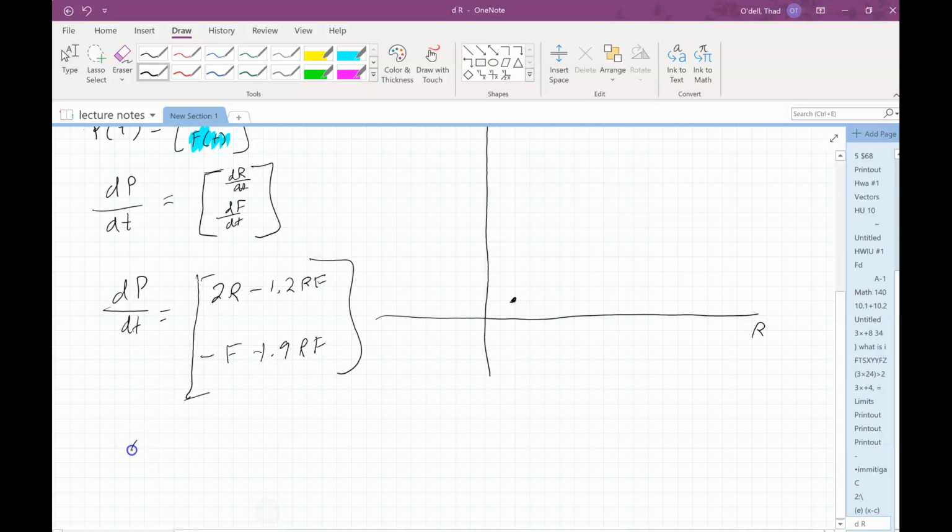To cut back on the rotation, we'll call this v of some point.